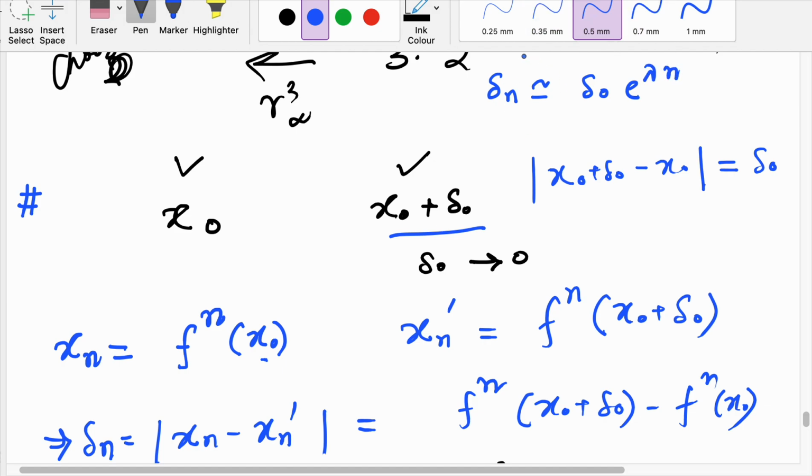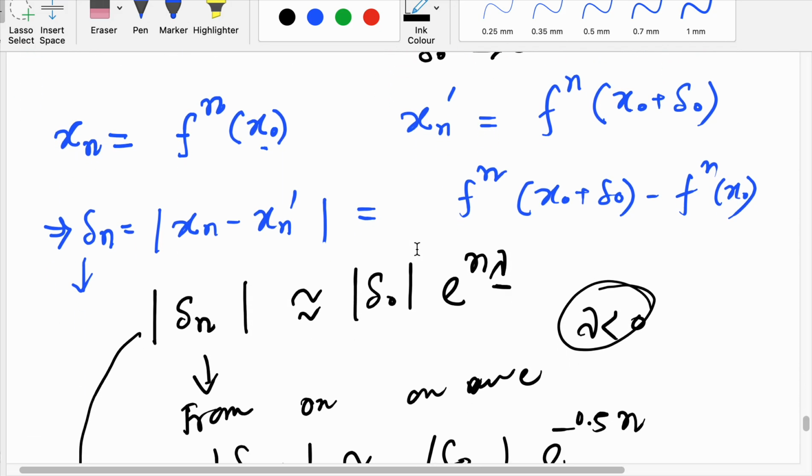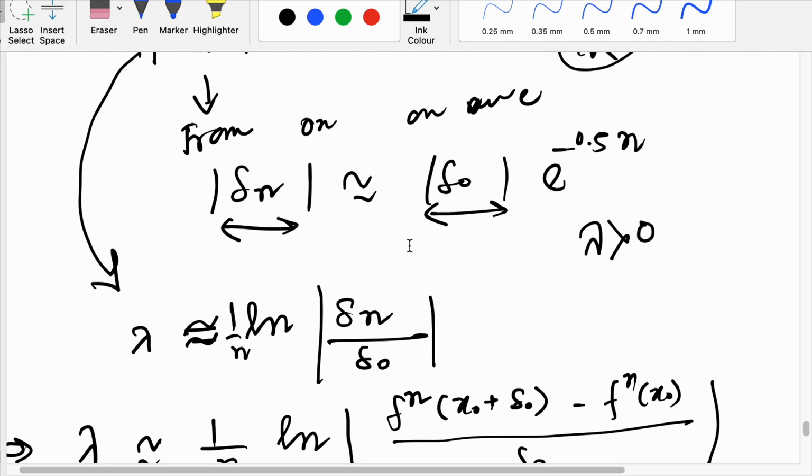So if we assume that the distance between these two initial conditions is delta 0, and we iterate both of them n times, then the distance will become delta n. So the slightest difference in the initial condition grows exponentially, and we developed a method to calculate this lambda.